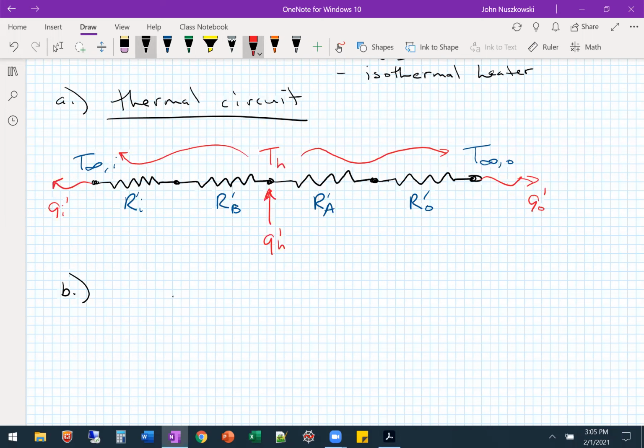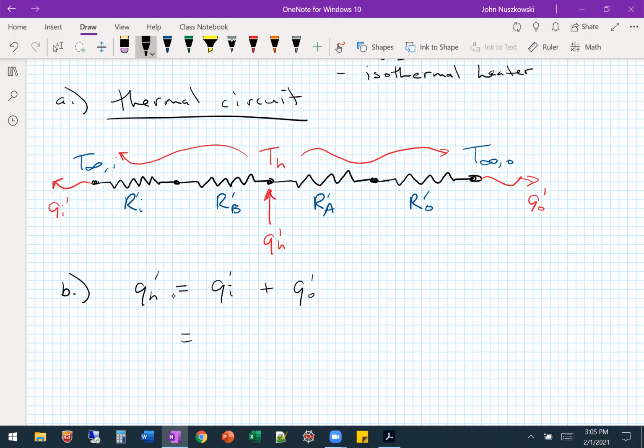Yes. So if we set this up, let's first just start with Q's. We say the QH of the heater is the Q inner prime plus the Q outer prime, because we have the heat going in from the heater, and that's dissipated out to the outer or the inner. And then, as mentioned, we do the inner side.